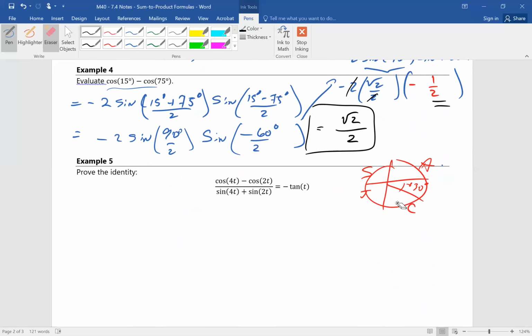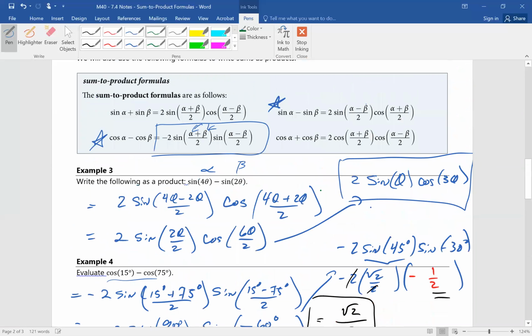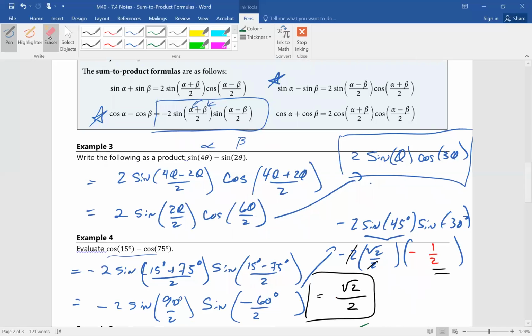And this time, for the last one here, I'm going to ask you to do it, as usual. I'm going to start on the left side. I want to finish on the right side. So left side's a little bit more messed up, but use the formula on the top, which means you're probably going to use this one that I'm erasing.